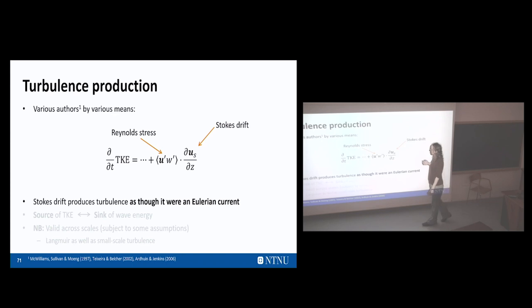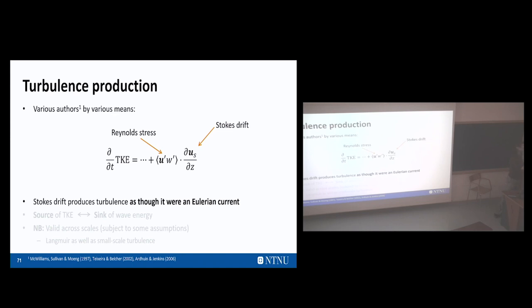Various authors by various means have derived this equation. You take the Navier-Stokes equations, you do some kind of averaging over waves and/or turbulence. You find that the change in turbulent kinetic energy scales with an interaction between the Stokes drift and the pre-existing turbulence, in particular the Reynolds stress cross between horizontal and vertical.